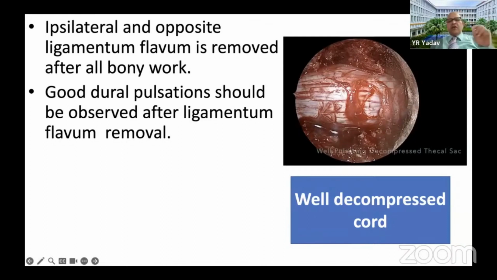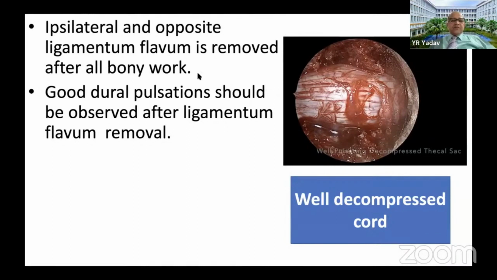But once you have removed all the bone, then you remove the ligamentum flavum. After that, you will find good dural pulsation and nice decompression can be seen. That is the end point of your surgery.